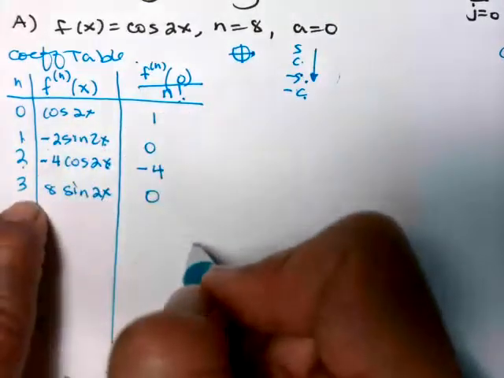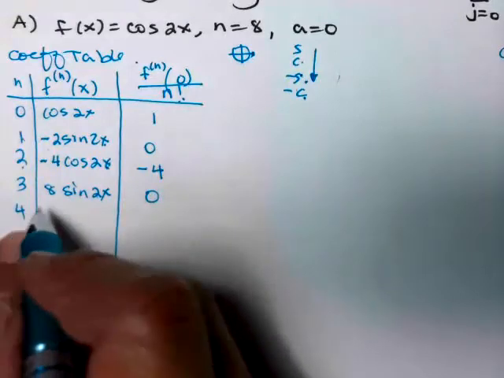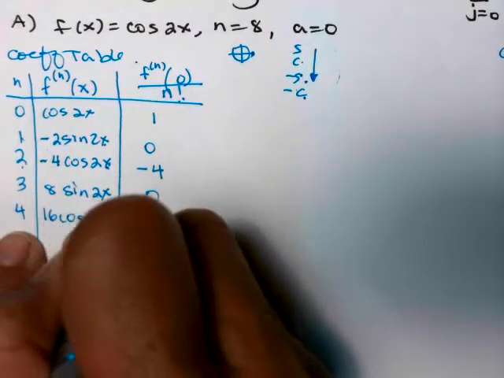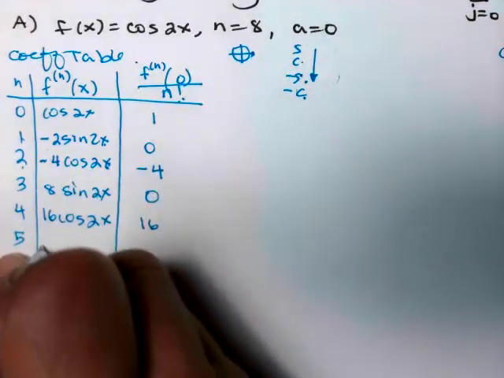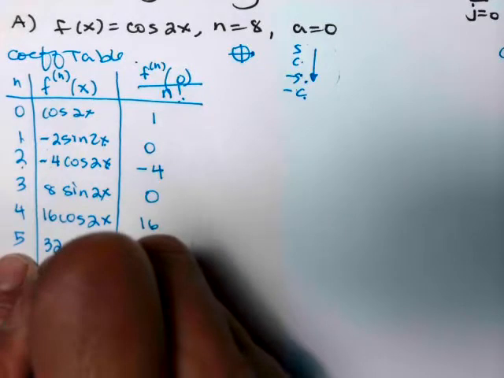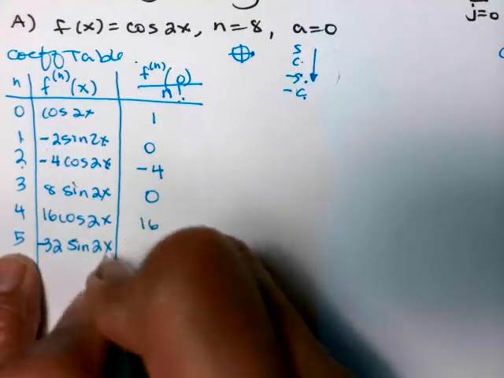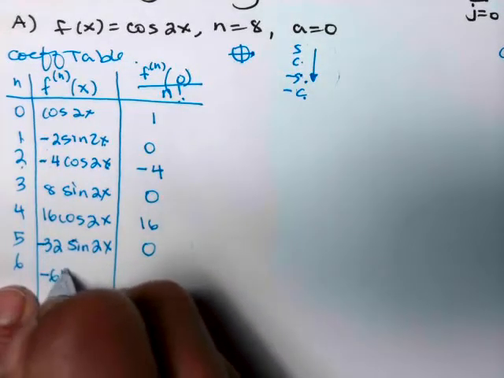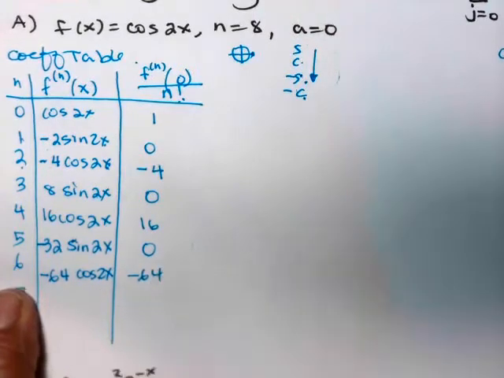So every time we have a sine, because sine of 0 is 0, those are going to go away. Okay, 4. So I'll get 16 cosine 2x, so that'll be 16. Then I'll get negative 32 sine 2x. There's our 0. Negative 64 cosine 2x, so negative 64.